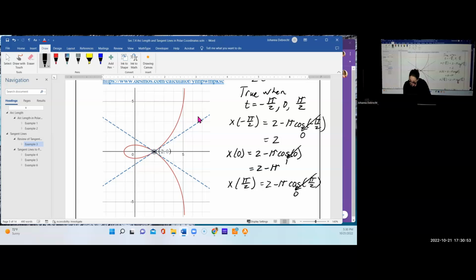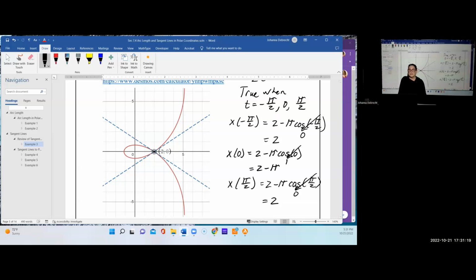This goes to 0, and we get 2, right? So that means that when the y value is 0, which happens when t is negative pi over 2, 0, or pi over 2, then the x value is either 2 or 2 minus pi. And the two we're interested in are the ones here. That's negative pi over 2 and pi over 2.